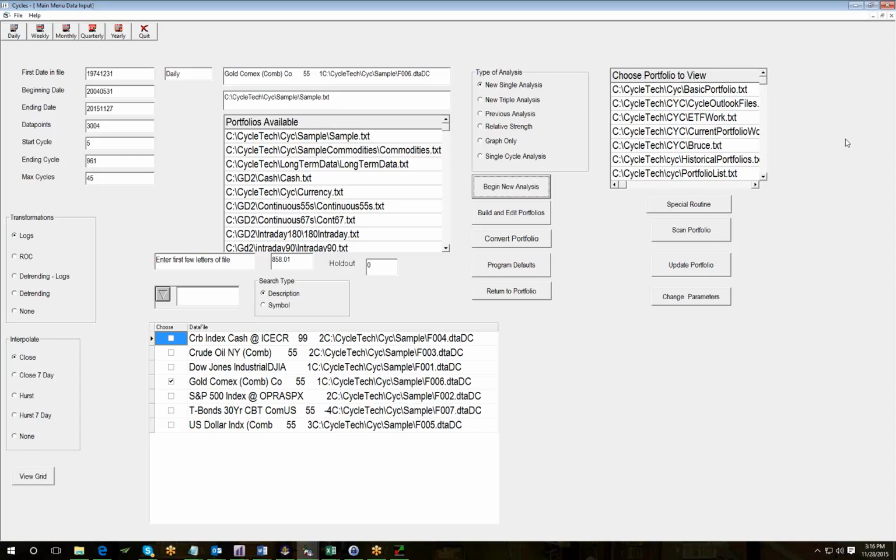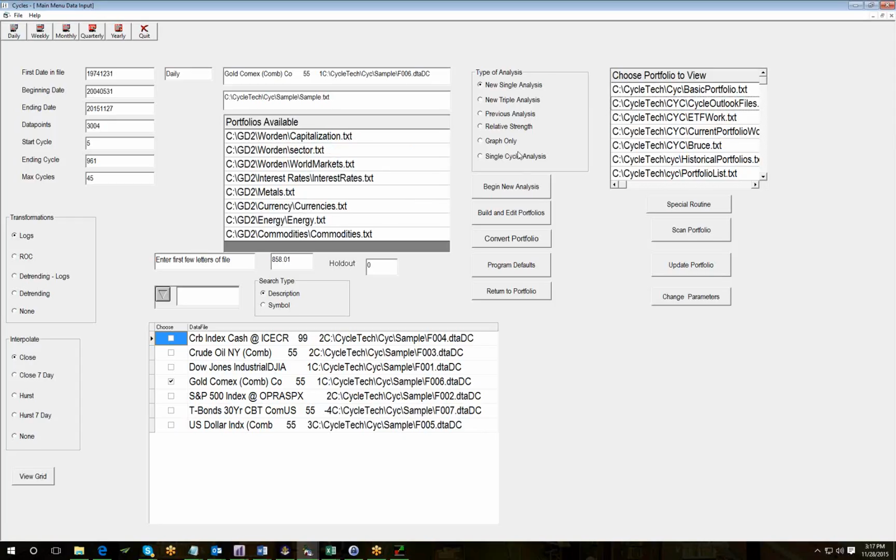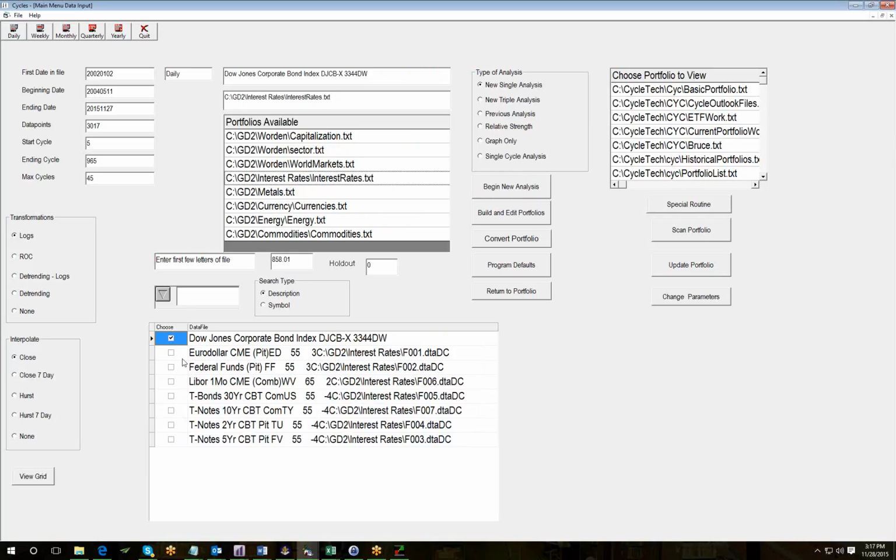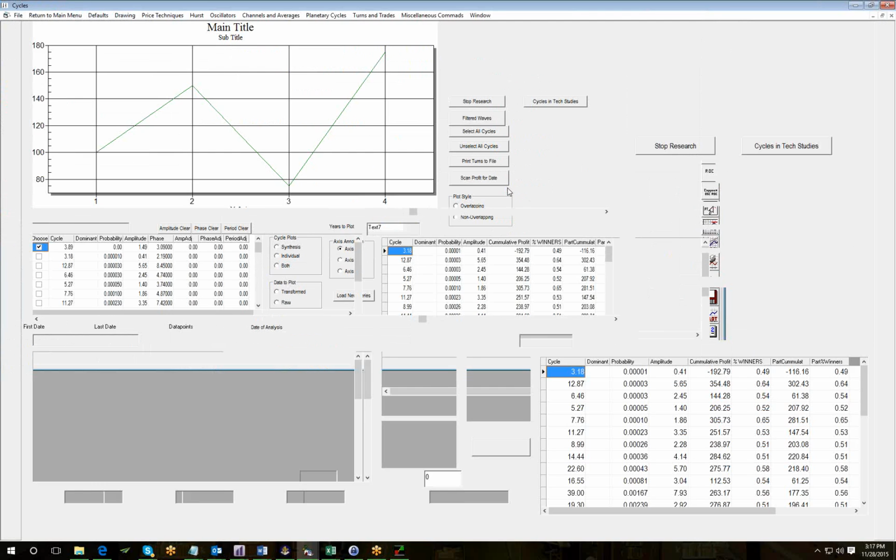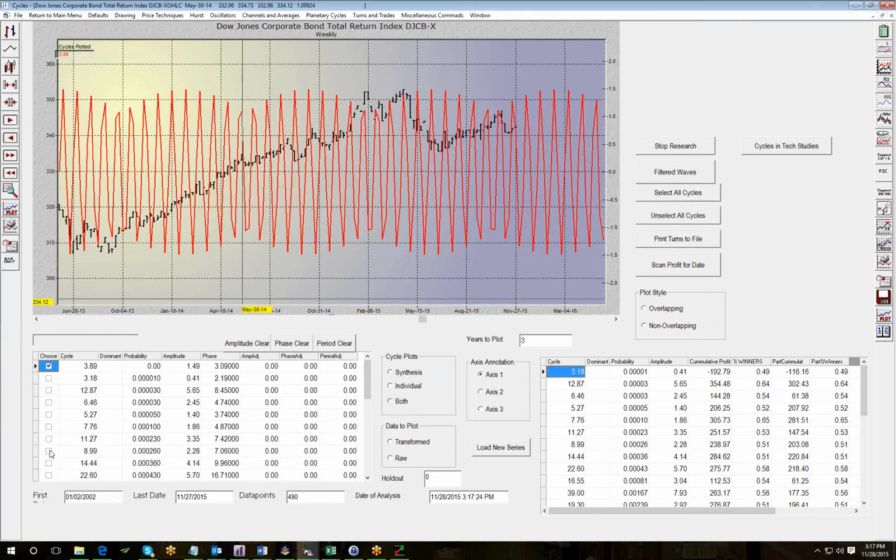Now, I want to show you the Dow bond average quickly. Here we are. I'll put a weekly chart up. And I don't want a 3-week cycle.